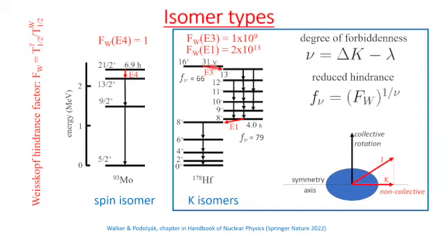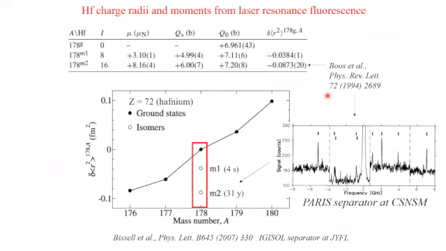And it's even lived long enough to be able to make it with an accelerator and separate it out. And the people in Paris were very good at working on this. There was some work with the Paris separator at the CSNSM, which used lasers to identify the hyperfine structure of the 31-year isomer after separating out the isomer and making a beam of hafnium-178.